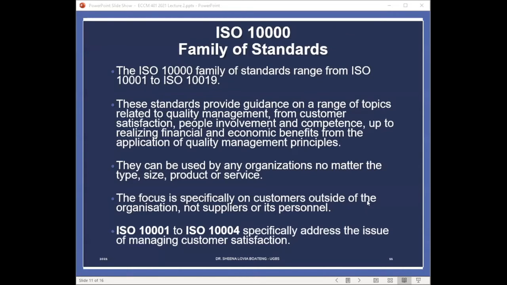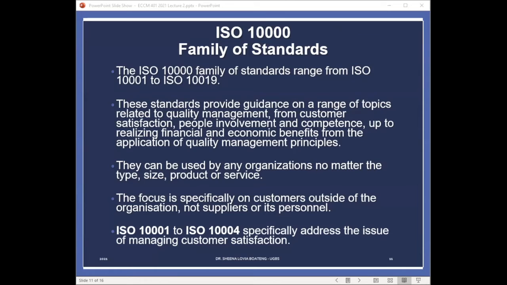All right. So, like I was saying, the specific set of standards that we are going to discuss today have to do directly with measuring customer satisfaction. And this is the ISO 10,000 family of standards. Now, the ISO 10,000 family of standards range all the way from ISO 10,001 to ISO 10,019.